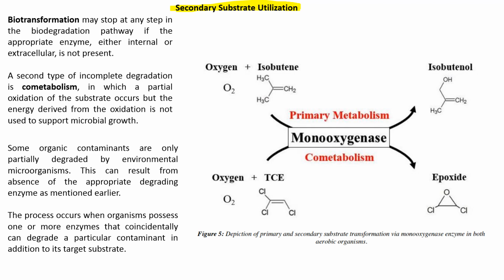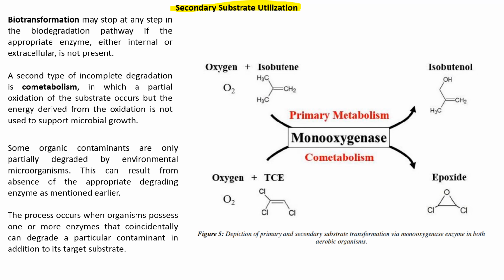If you see in primary substrate utilization, the material is converted into a form where it is taken to our metabolic process and energy is derived from the breakdown. But in secondary substrate utilization, the microbial cell does not depend on the pollutant for energy or carbon. They don't want to produce ATP, they don't want to get electrons from the breakdown, and they are not concerned whether it is involved in their own metabolic cycle.